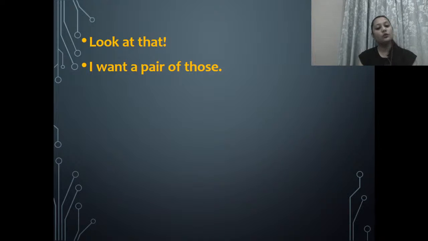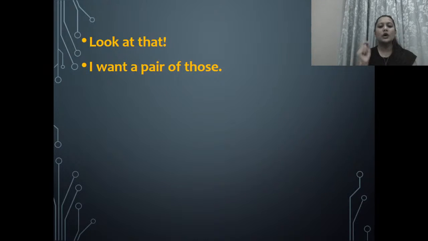Next one, I want a pair of those. So you are pointing out at something. For example, we are shopping somewhere, and I am just pointing towards something. I'm saying I want those, right? So you don't know what I'm talking about, but I pointed at something. So I have replaced a noun. For example, I want those beautiful pair of jeans.